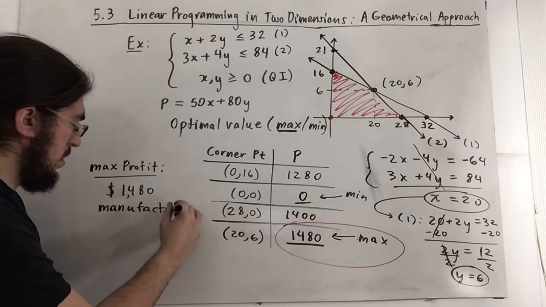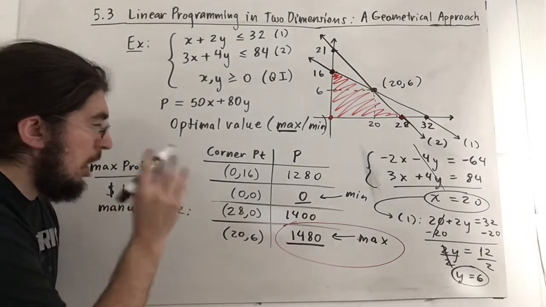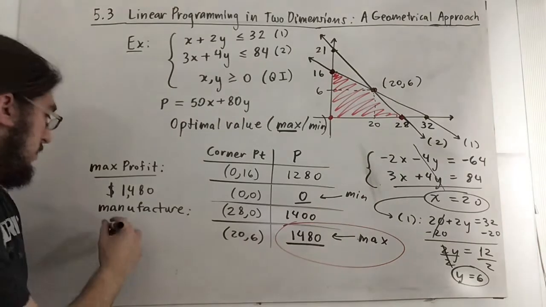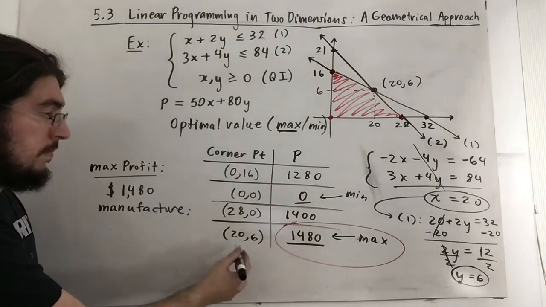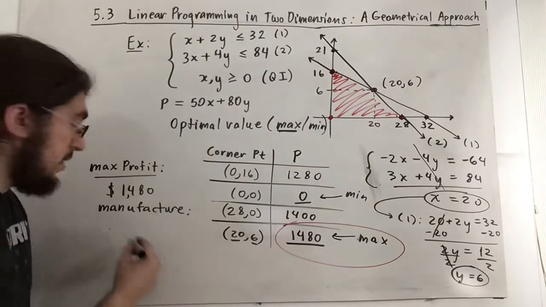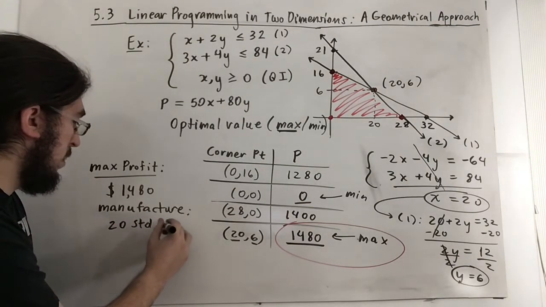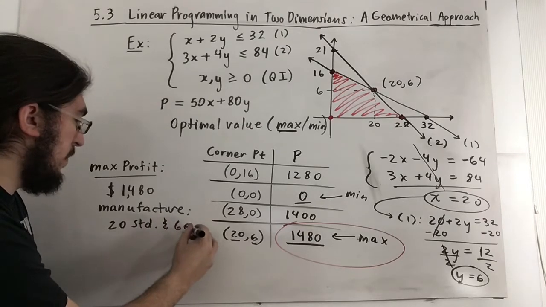In other words, to make this profit, you have to manufacture how many standard and how many expedition models. So remember, X and Y. X in this case was standard and Y was expedition. So we need to manufacture 20 standard models and 6 expedition models.